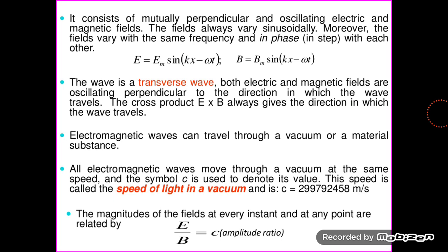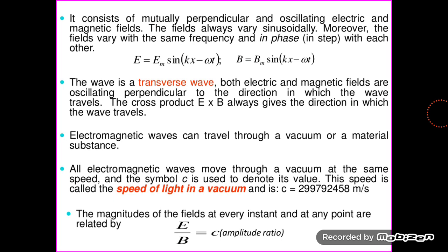Both electric and magnetic fields are oscillating perpendicular to the direction in which the wave travels. The cross product of E and B always gives the direction in which the wave travels. Electromagnetic waves can travel through a vacuum or a material substance.